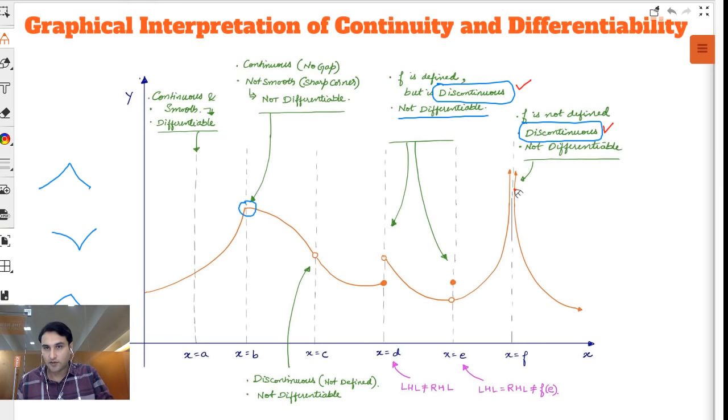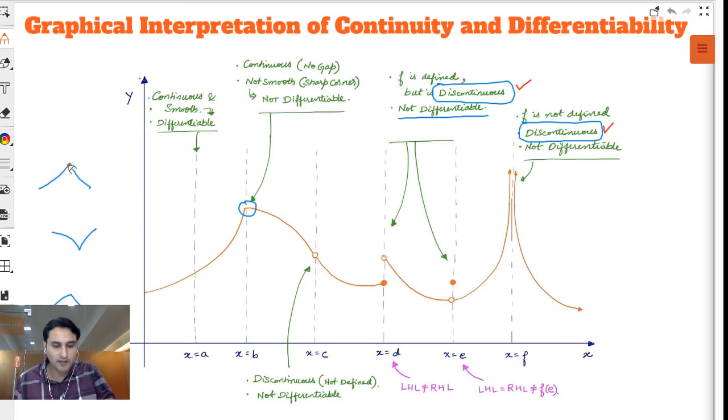So discontinuous and not differentiable, and same here. And sharp corner but continuous. So sharp corner means not differentiable.